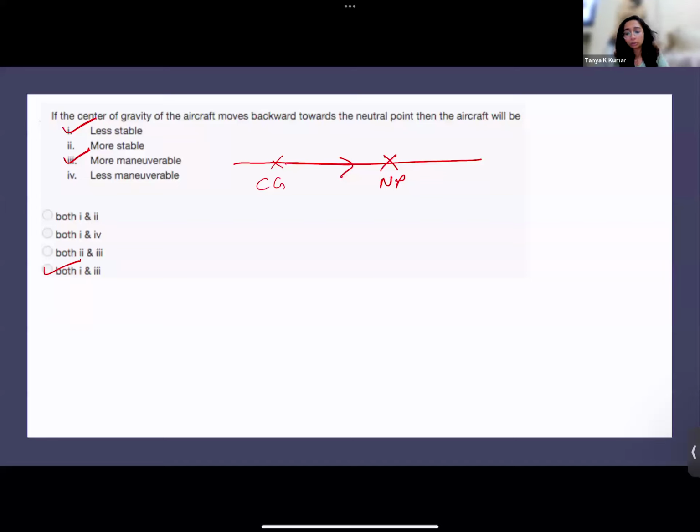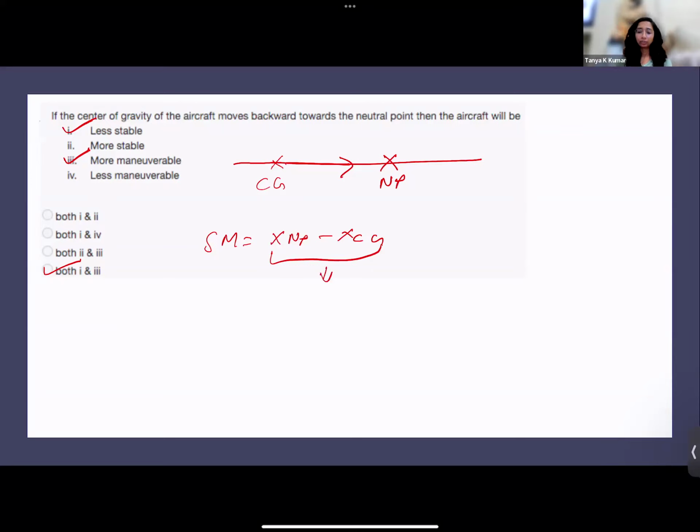Why? When the CG moves towards the neutral point, the static margin is reduced, right? The static margin is X_NP minus X_CG. When your CG moves towards your neutral point, this value is reduced. We have seen that when the static margin is reduced, the stability of the aircraft is reduced. The slope of the CM versus alpha curve is reduced.